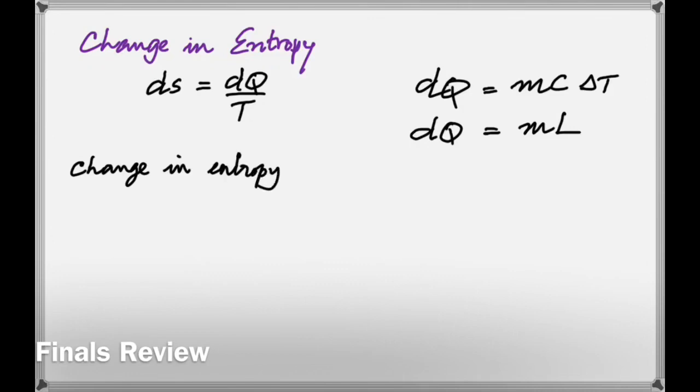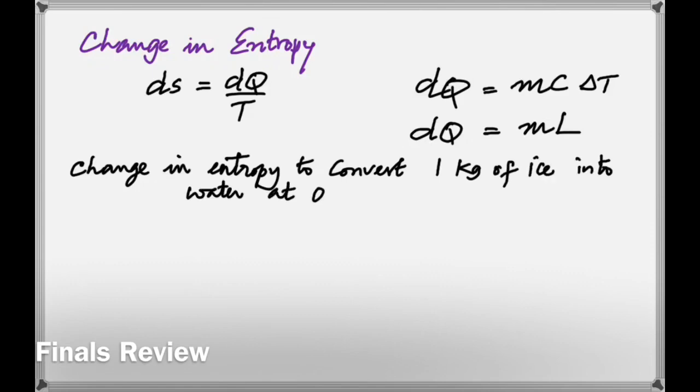So I think I'm giving an example here, change in entropy to convert 1 kilogram of ice into water at 0 degrees Celsius. That's a change of phase. So which one of these two would you use? This one, right? Yep.